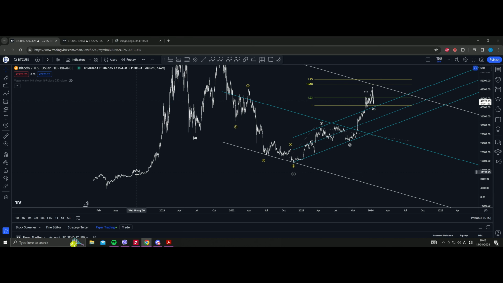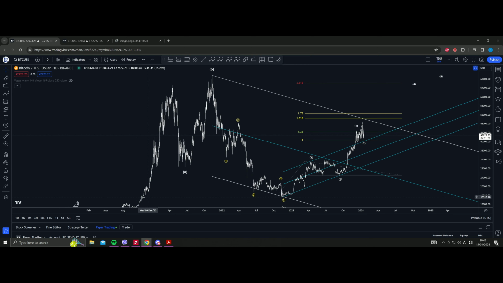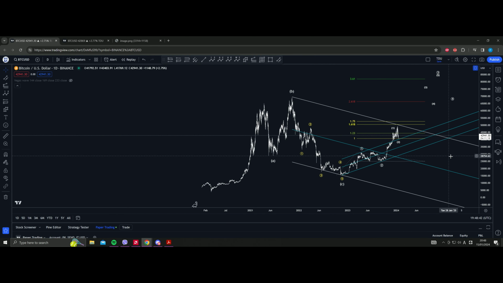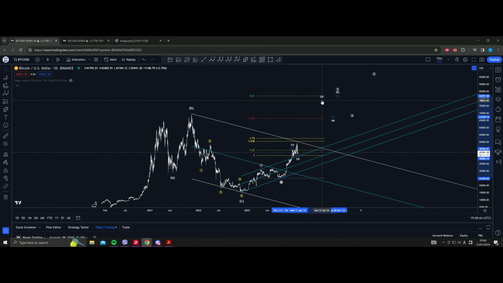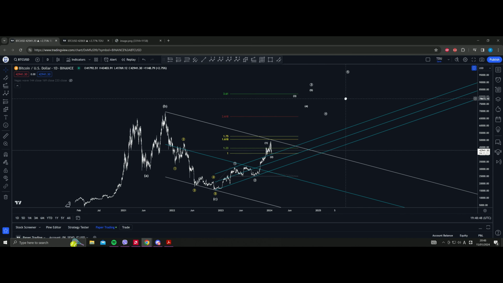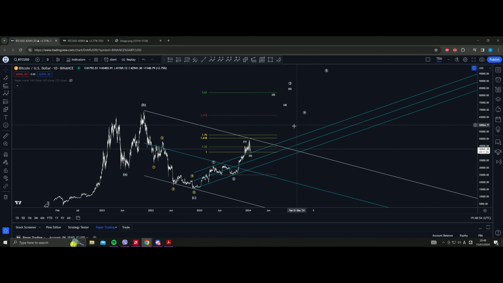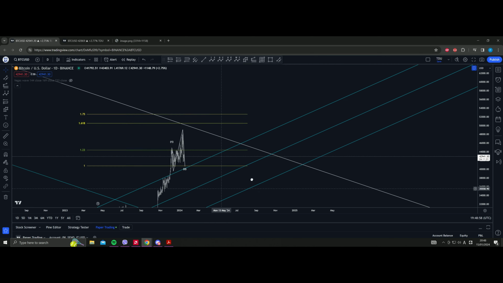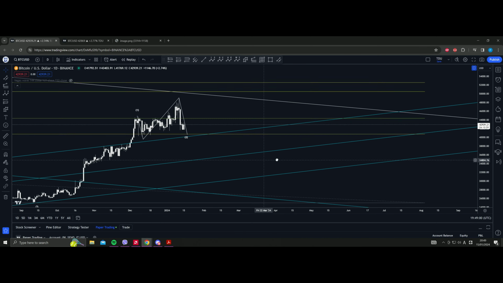Is this wave 2 before we had this monster? All right, so if we're gonna have a new bull cycle, we did exit the base channel, then this 2 shouldn't retrace as much.